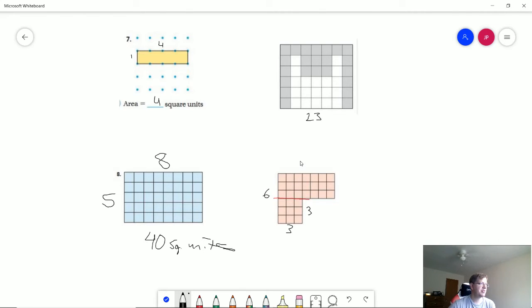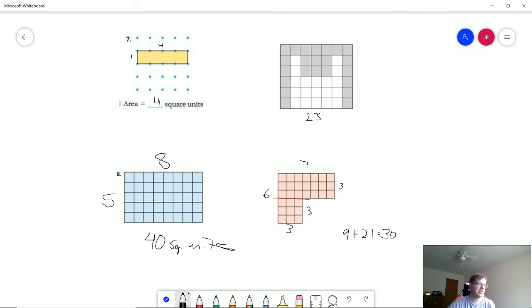This is going to be 7 units across. And then we would have to figure out that if this is 3 units high and this side is 6, then we can count 3 for this. So what we can do now is do 3 times 3, which is 9, 7 times 3, which is 21, and then we can find our answer.